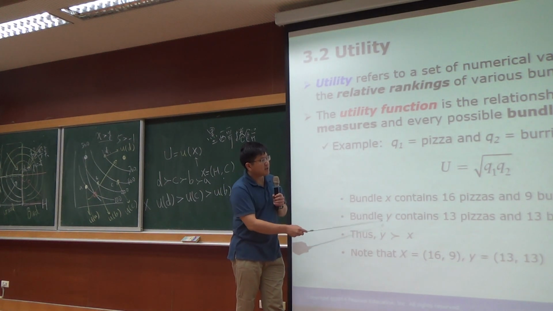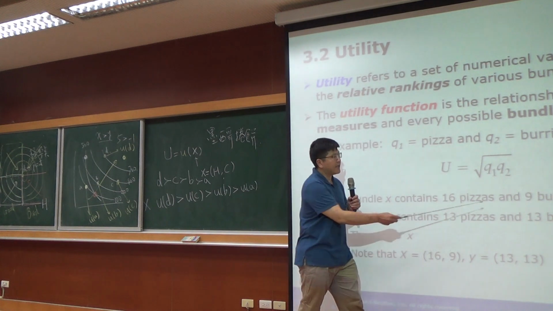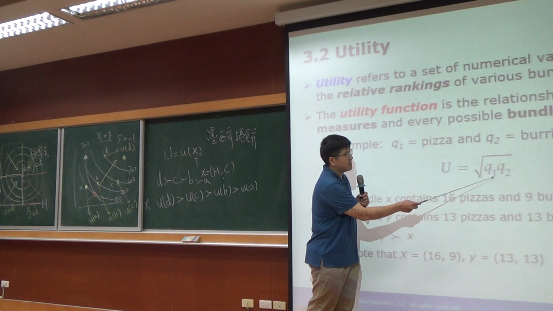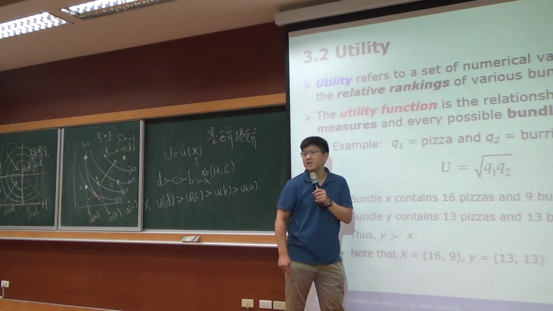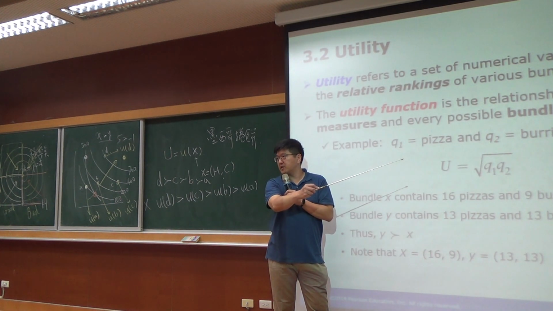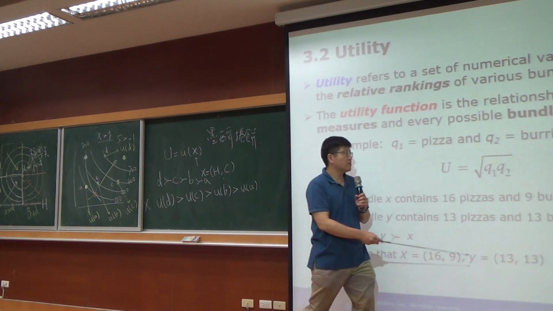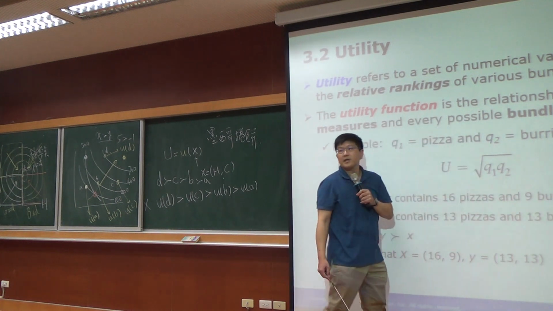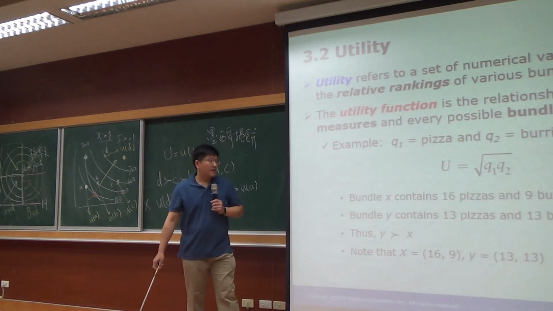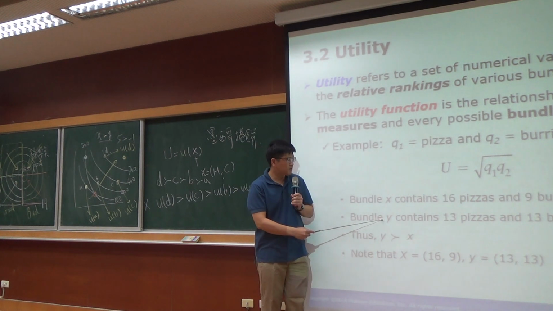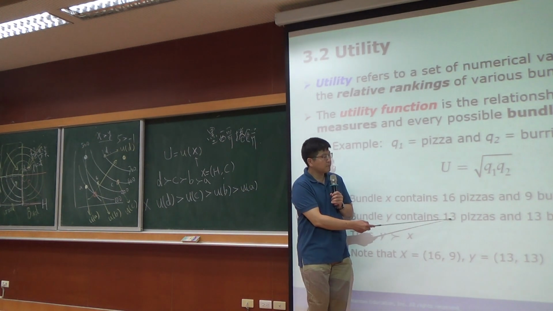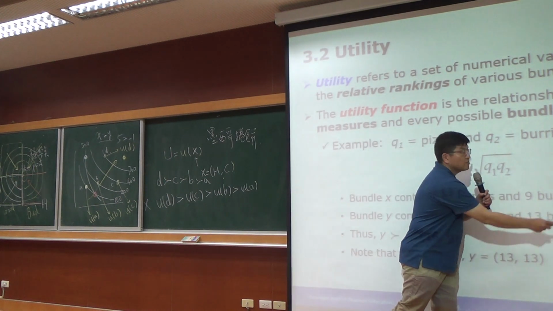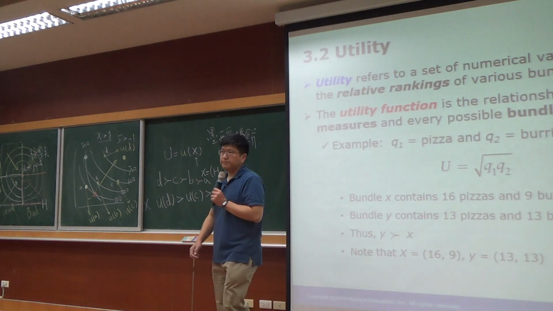So bundle X contains 16 pizzas and 9 burritos, and we input 16 and 9, the product is 144, right? And take the square root, we get 12. So the utility function value is 12. Is that clear? And if another bundle, Y, contains 13 pizzas and 13 burritos, we get a utility level of 13.